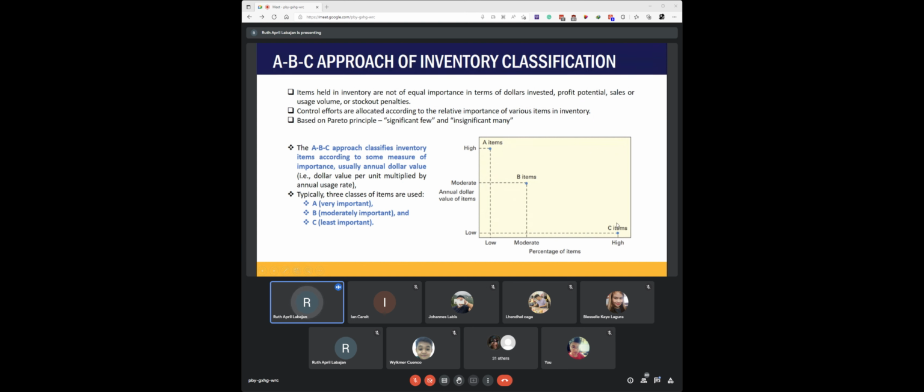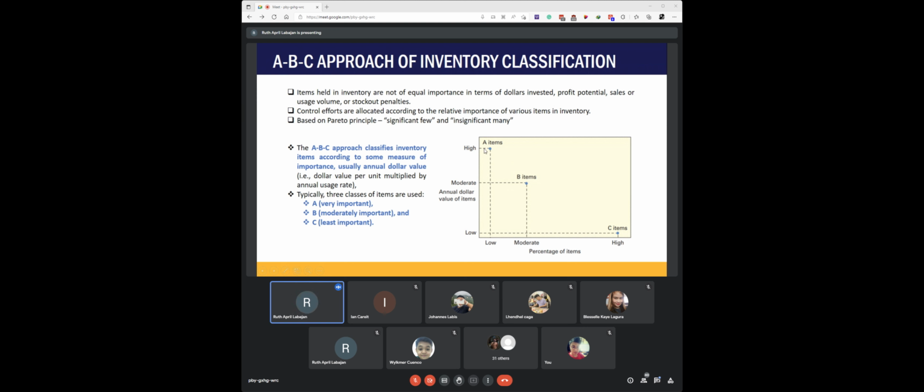Okay? A items usually, okay, A items guys, as you can see, you can see their importance based on the annual dollar value. Okay? If it's an expensive item, usually it's classified as A item.